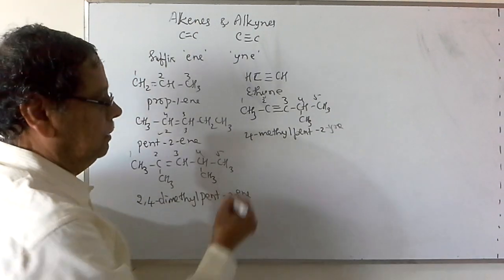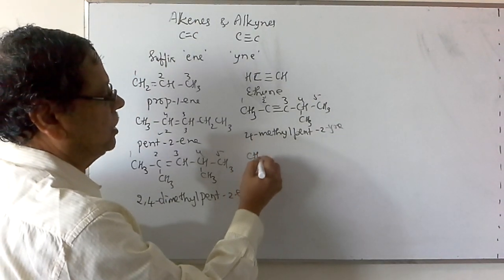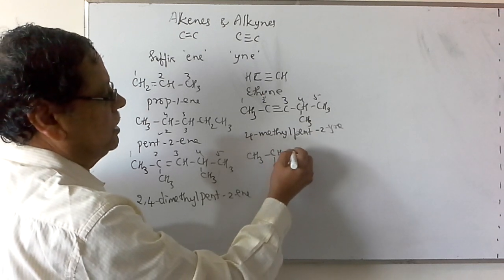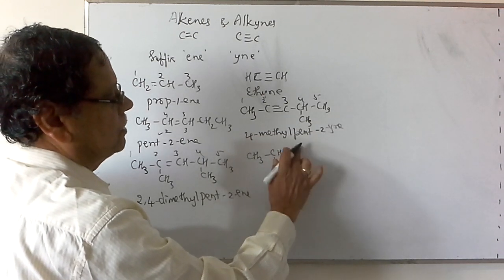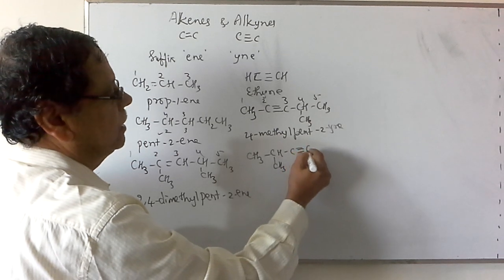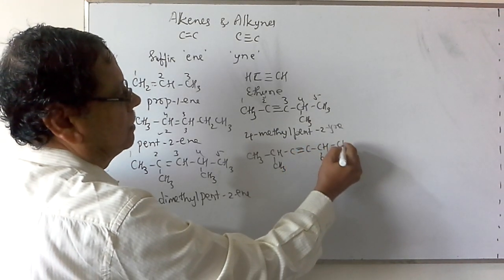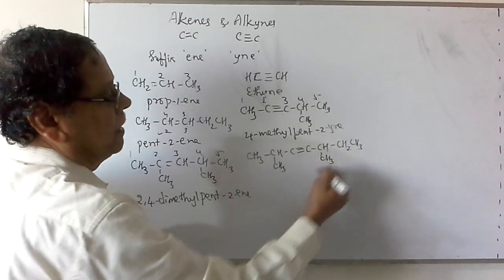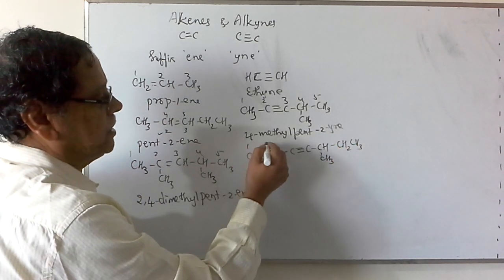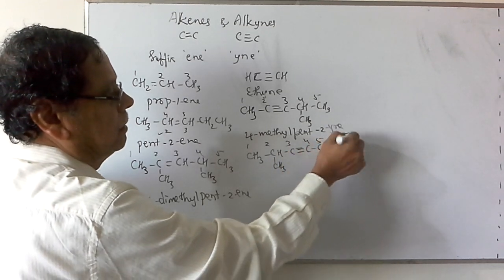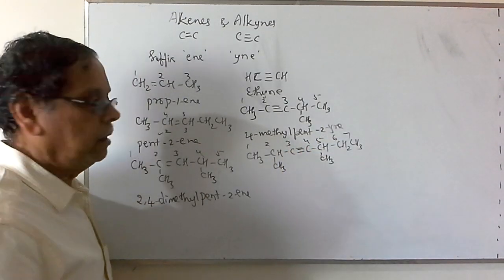Similarly, when you write this CH3-CH-C≡C-CH-CH3 with CH2-CH3 chain, if you consider the carbon chain, it is 2, 3 and 4 carrying the carbon-carbon triple bond.